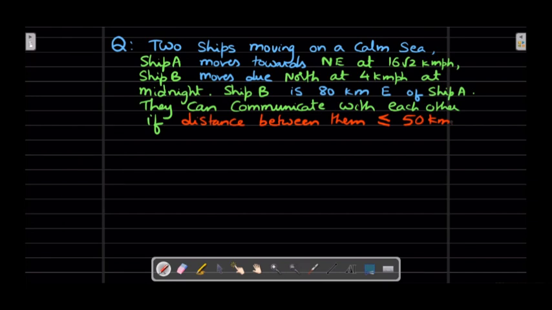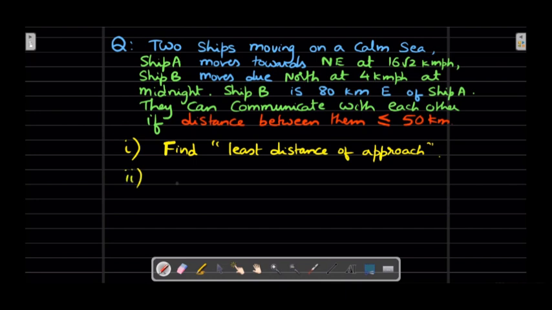So when this is happening, you need to find out 3 important aspects. This is a very important phrase they'll use in problems of relative motion. Least distance of approach of the two ships. That means how close they will come during their motion.